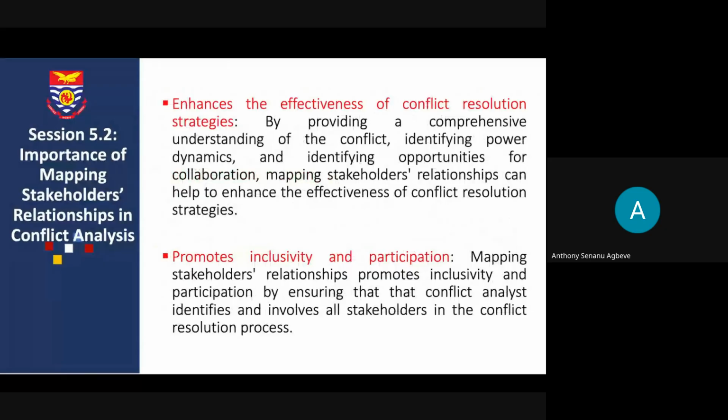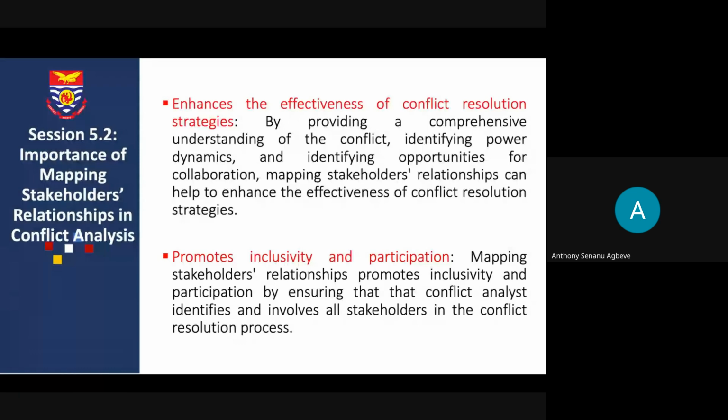And then it also enhances the effectiveness of conflict resolution strategies, because we've been able to identify the power relations among these various groups. So at the end of the day, if you want to bring some strategies or interventions to address the conflict, you'll be able to tell who you can talk to, who you should convince more, so that they buy into what you are saying, right?